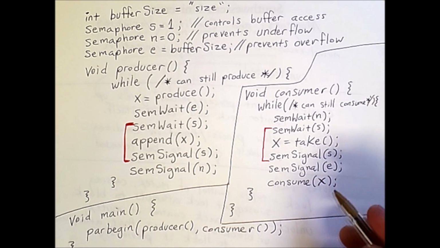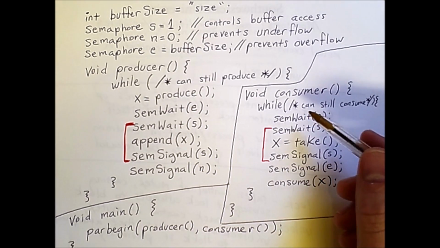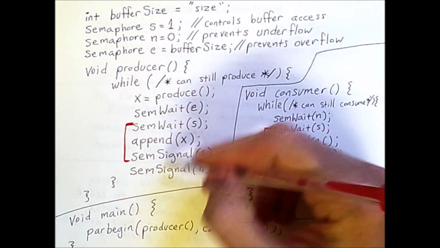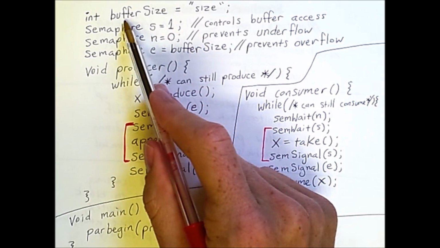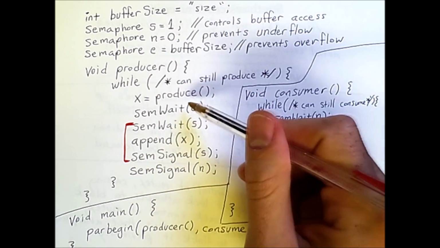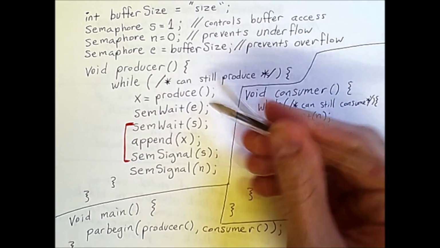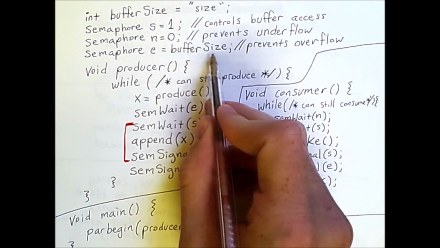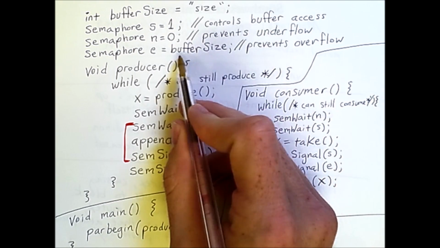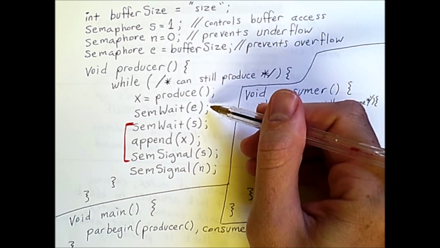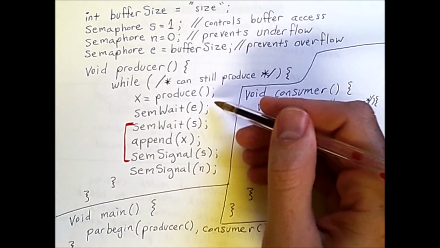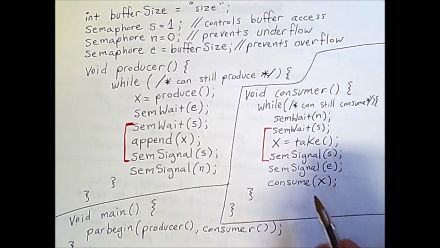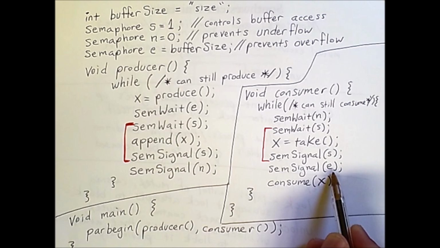In fact, if we had filled the buffer, let's say the produce loop here ran as many times as the buffer size, then eventually this semWait command would block, because we would decrement this variable enough times that it went to 0, then we would decrement it one more time, it would be negative, and the thing that would increment it and enable more items to be produced would be this semSignal command here.